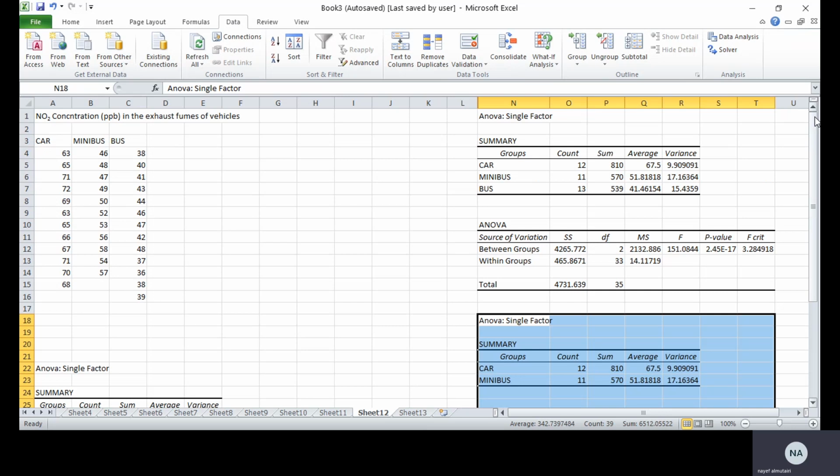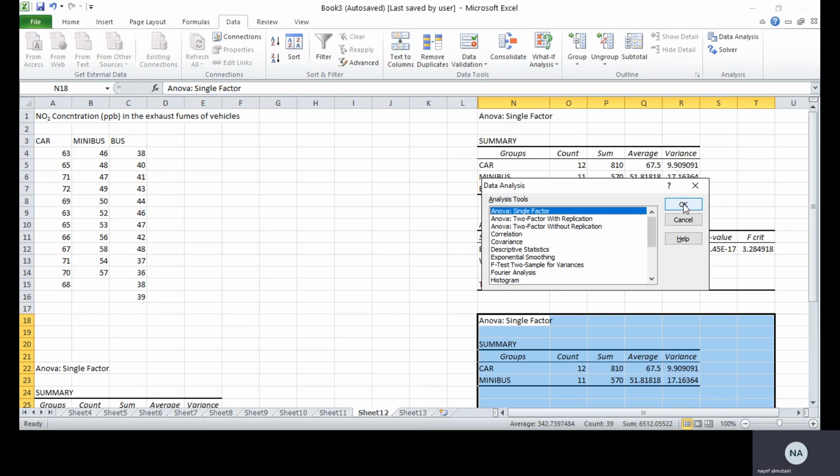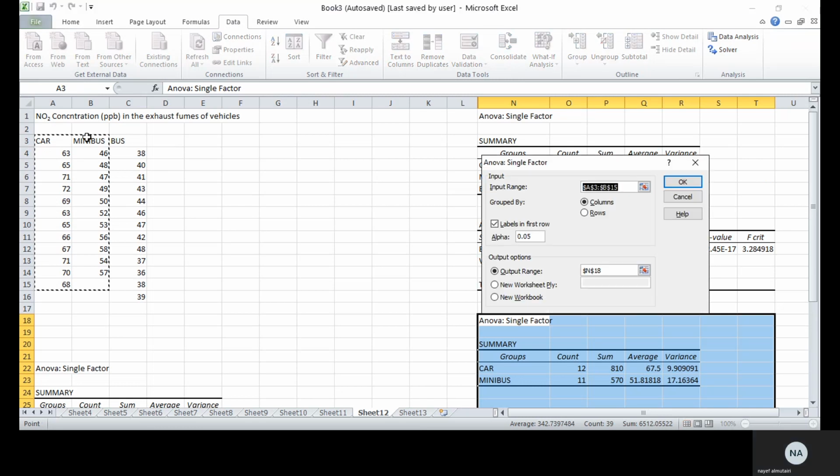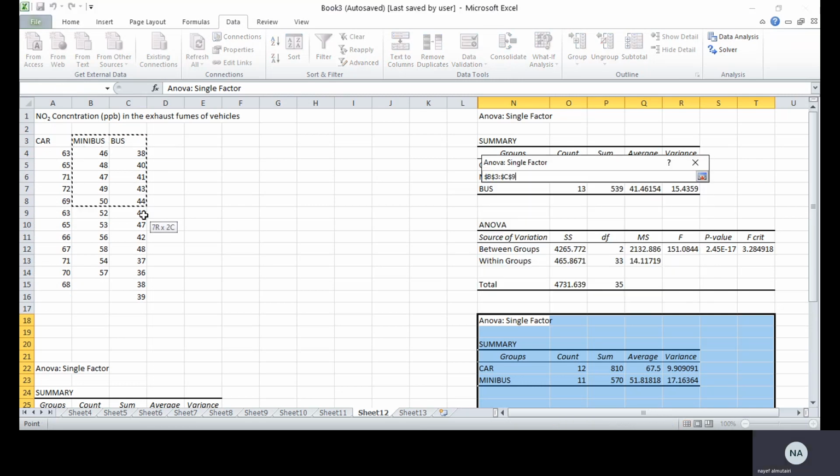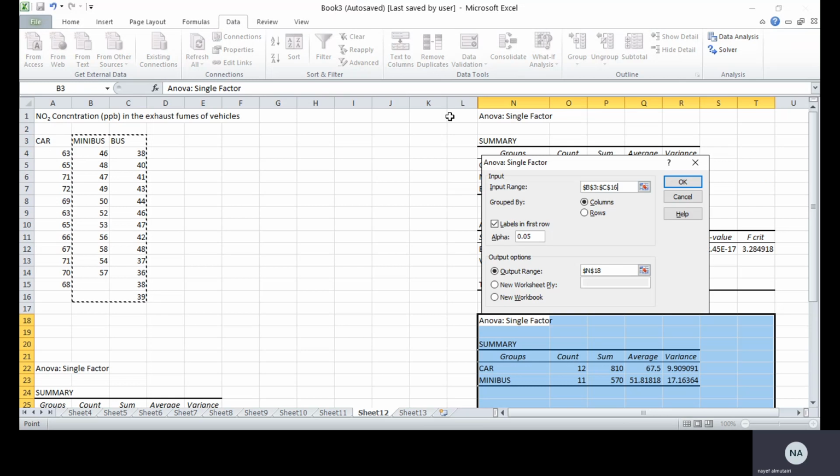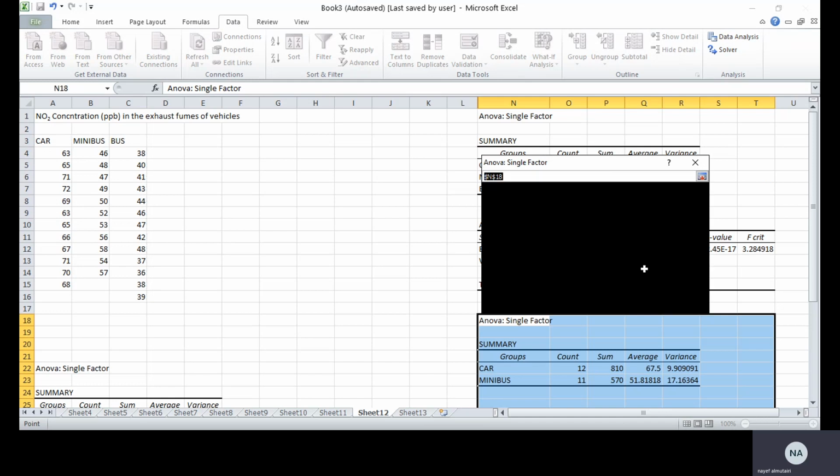Let's do it between minibus and bus. So we do data analysis, single factor, columns, labels, 0.05, and then we select.